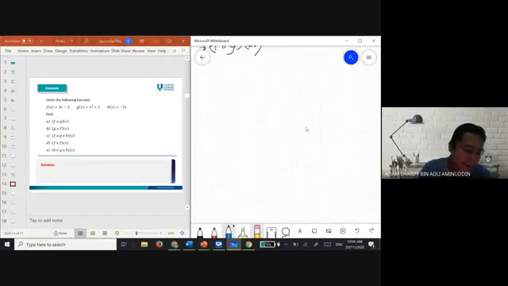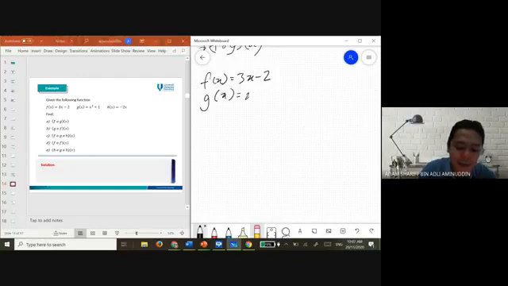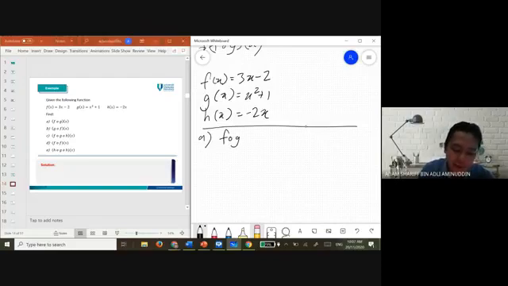Ni bagus, tak ada solution. I have FX is 3x minus 2. GX sama dengan x squared plus 1. Dan dia ada tambah lagi HX sama dengan negative 2x. We start with the fundamental question, find F composite GX.